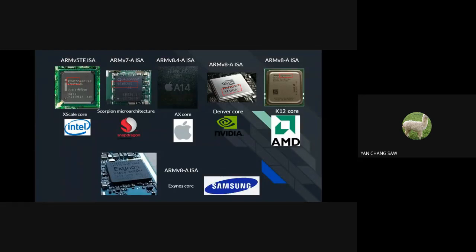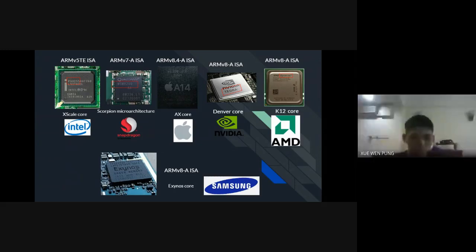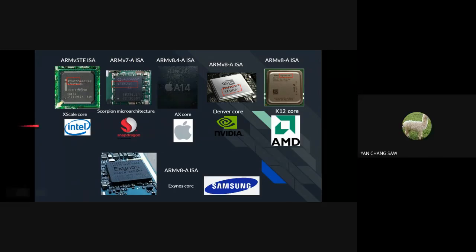Under XScale, it comprises several distinct families, such as IXP, IXC, IOP, and the one shown here, the PXA family processor. Next is the Snapdragon core designed by Qualcomm, which is the processor used in our phones nowadays. An example is the model MSM8260, which implements the ARM architecture version 7 instruction sets, and its microarchitecture is called Scorpion.